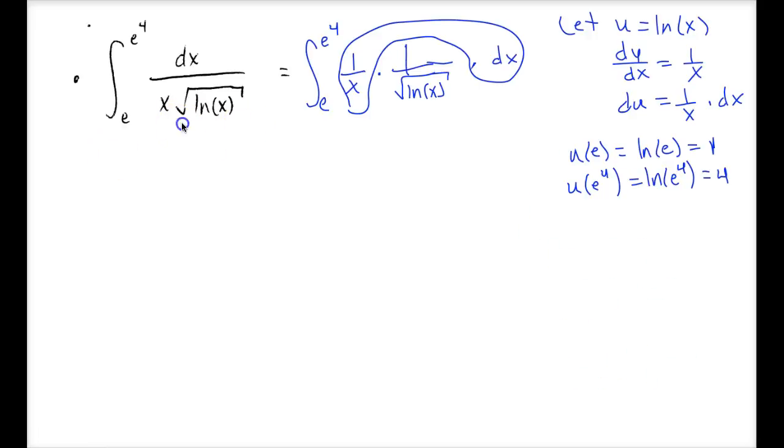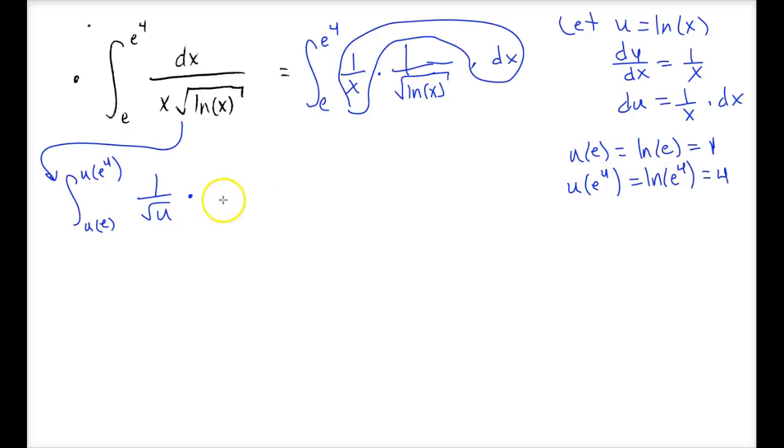All right, so now we can take all that we see here and write this as u of e and u of e to the 4th. That's our limit of integration. And we have 1 over square root of u for 1 over square root of natural log of x.